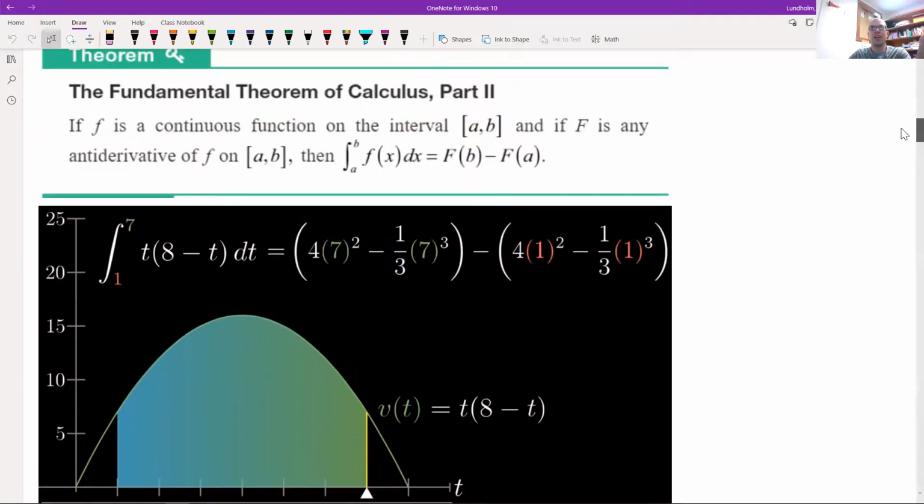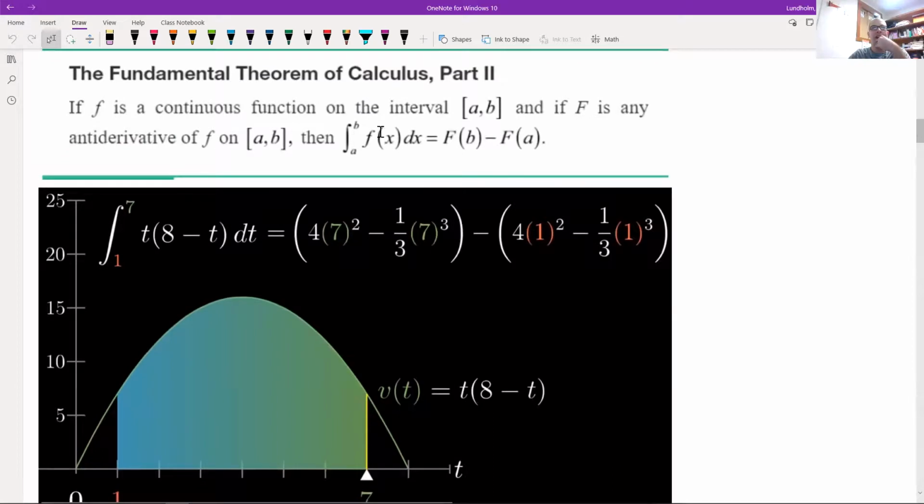What we do is we take the antiderivative of our function f of x and then subtract: the antiderivative evaluated at b minus the antiderivative evaluated at a. To me, this is a little bit like learning what happens in the middle by looking at a before and after picture.